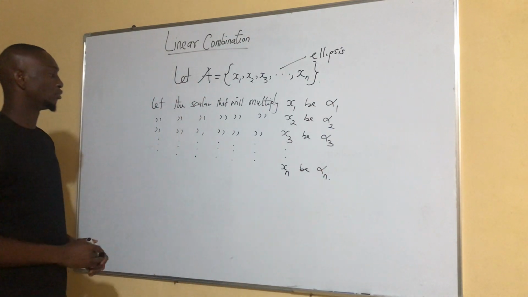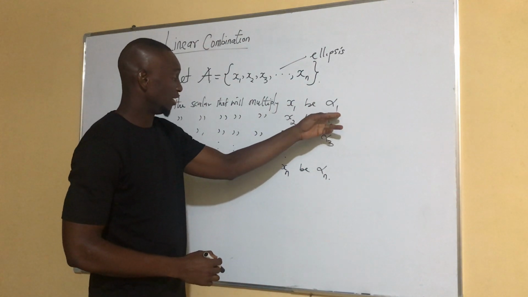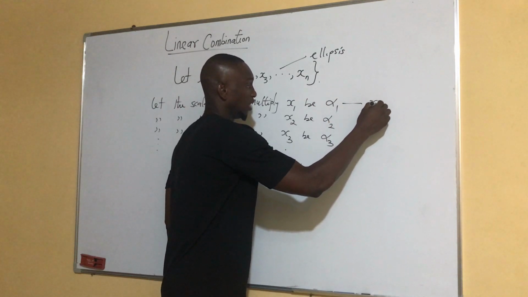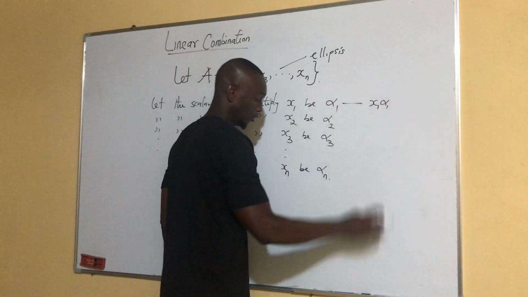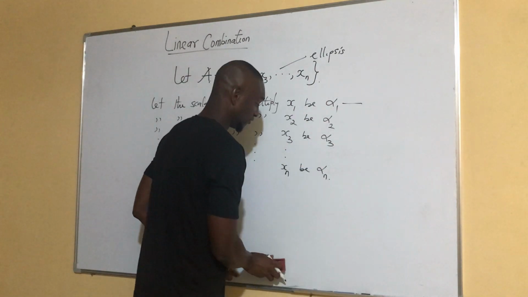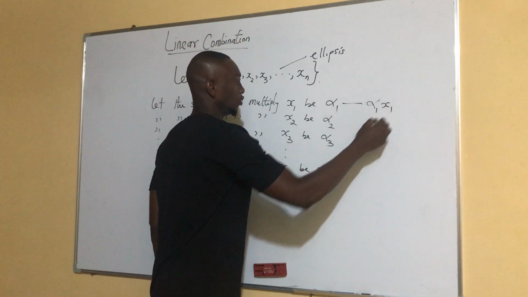Now taking the product, the product between x1 and alpha 1 will give us x1 alpha 1. Or let the scalar come first. We have alpha 1 x1.